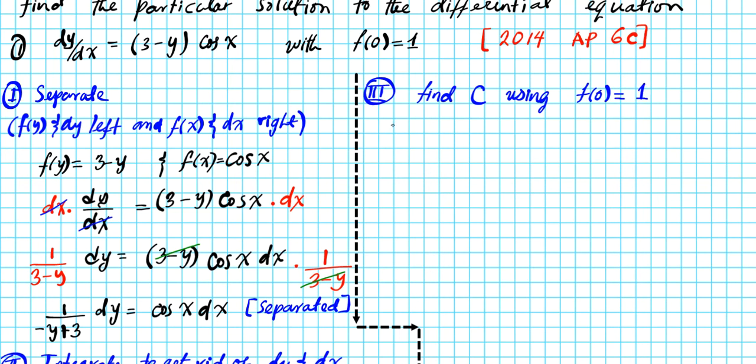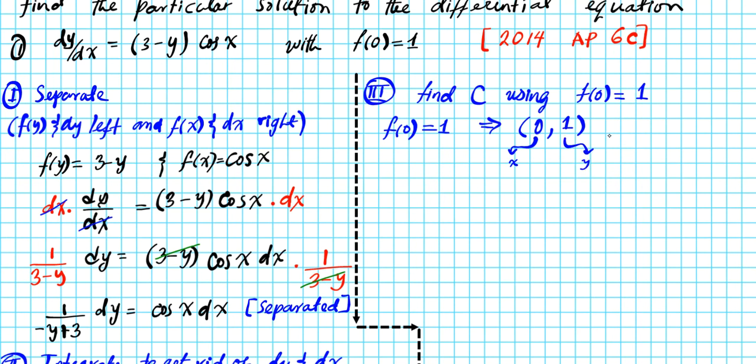What does this initial condition tell us? You have an input of 0 and an output of 1. We can write this as a coordinate pair: the input, the independent variable, as the x coordinate, and the output, the dependent variable, as y.